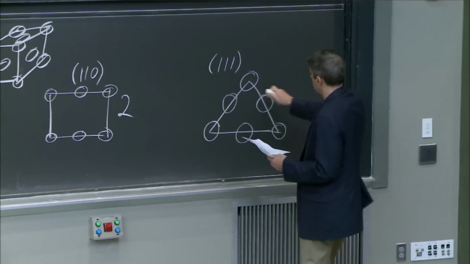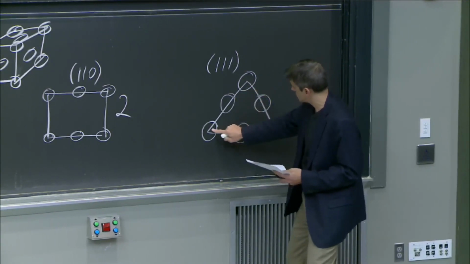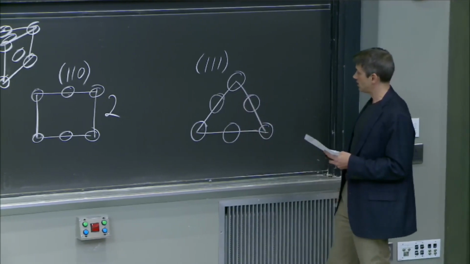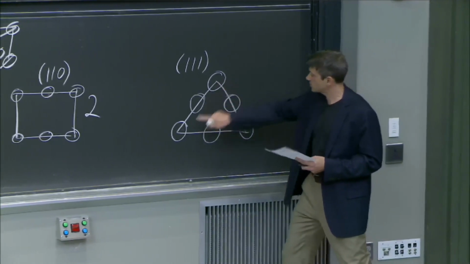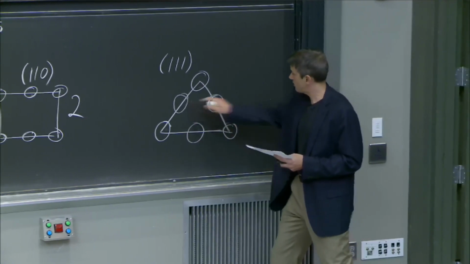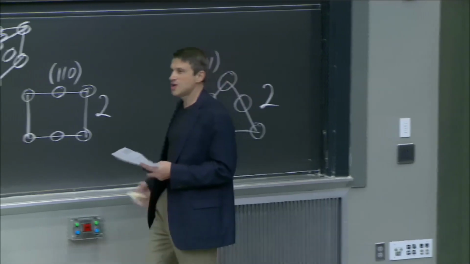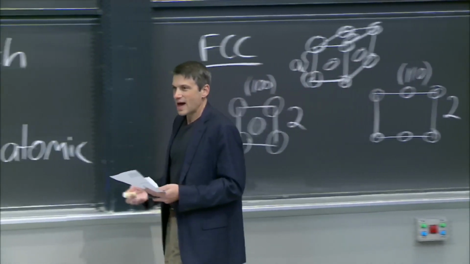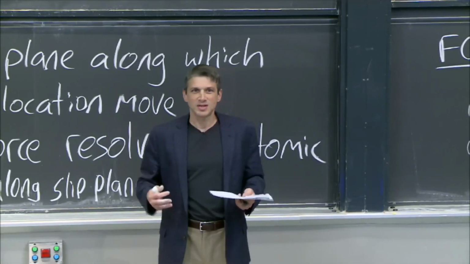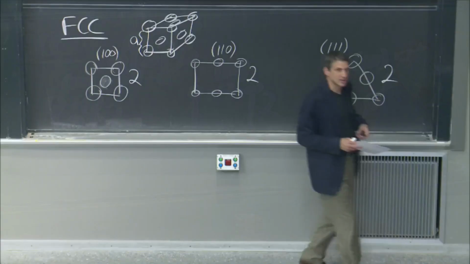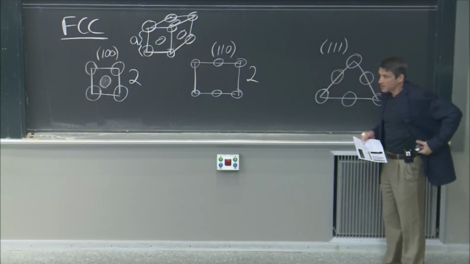A sixth, right? You see it from the geometry? It's a triangle. So that's like a half from those corners, plus a half, 2. I've got the same number of atoms in those planes drawn within these unit cell boxes. But they're different planar densities.